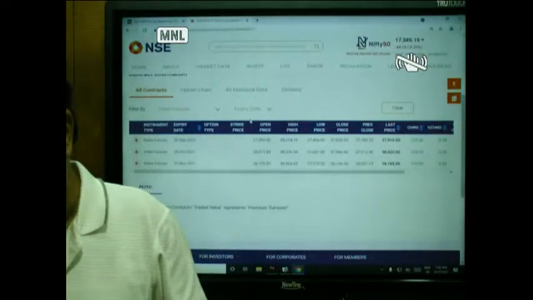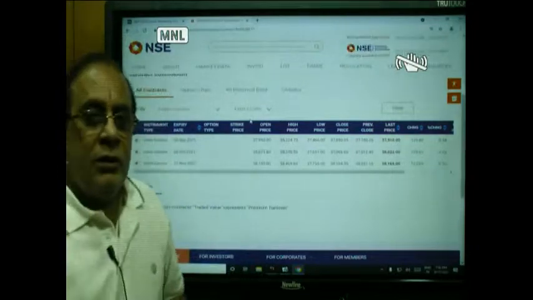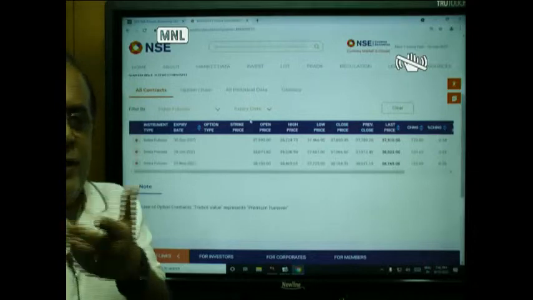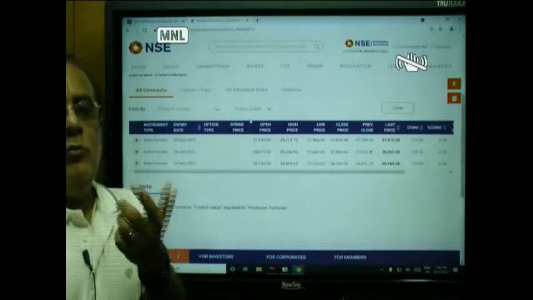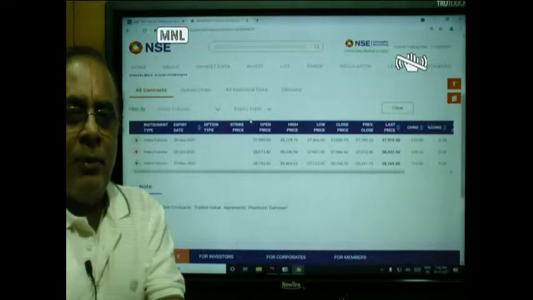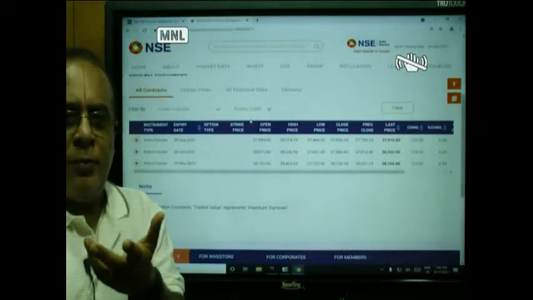The last price is 37,910. So the futures is going at such a heavy premium compared to spot, a difference of about 100 rupees, which is approximately 0.25%.